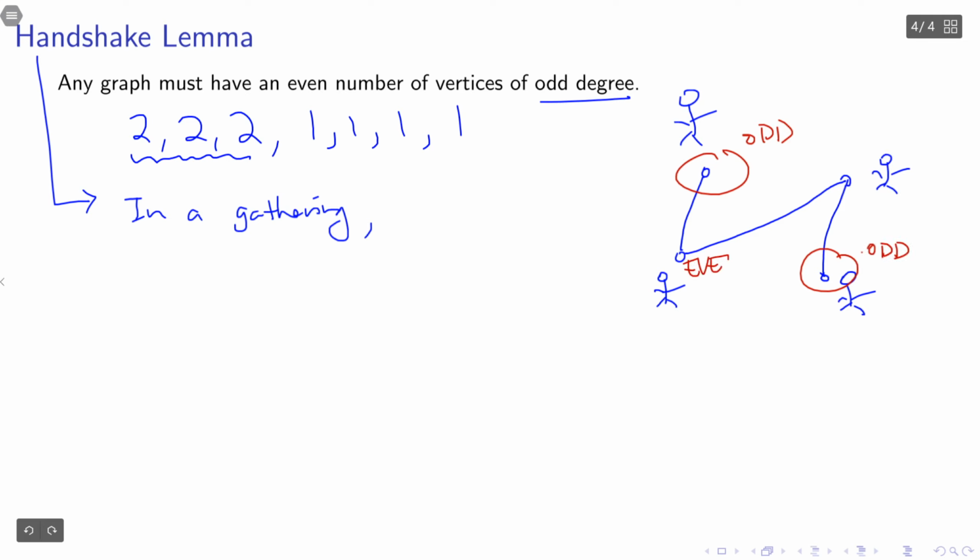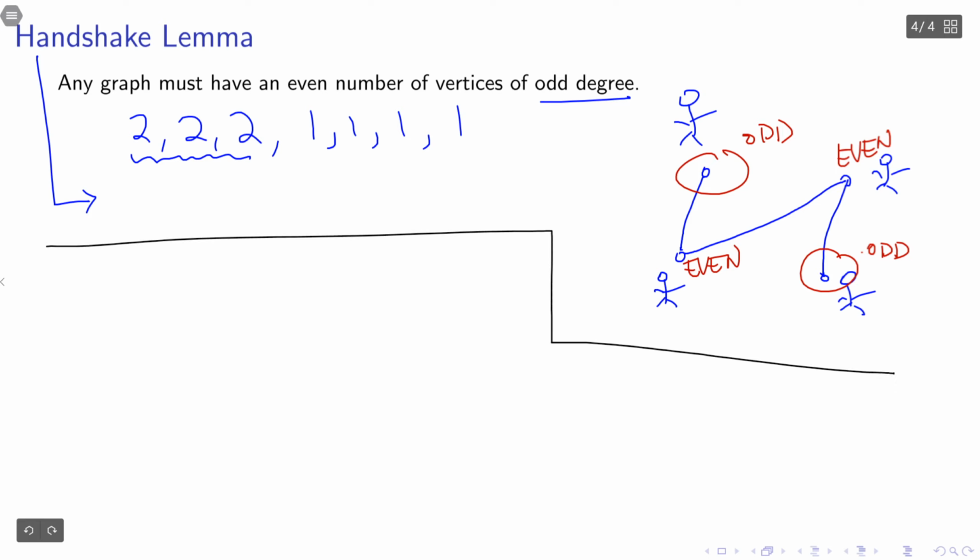And these people shook hands with an even number of people, so it's basically the same. That's just saying, well, you must have an even number of vertices of odd degree. Okay, so now it's easy to check. If you have something like 4, 3, 2, 2, 1, 1, immediately say, yep, it's not a graph. You can't have a graph that has this specific degree sequence.